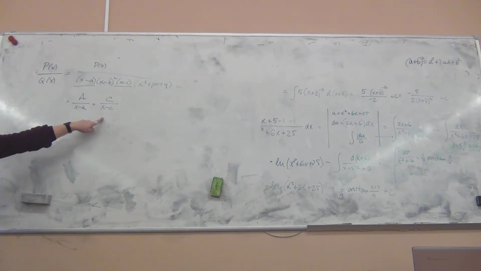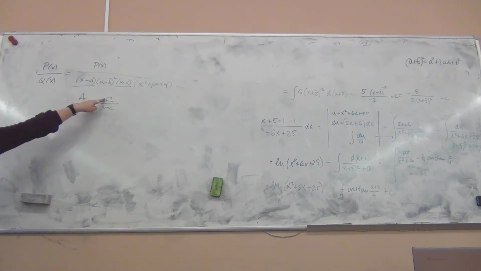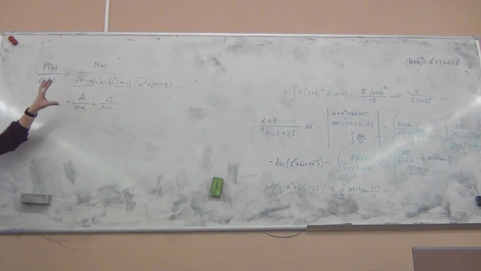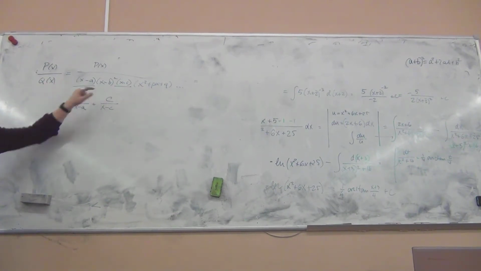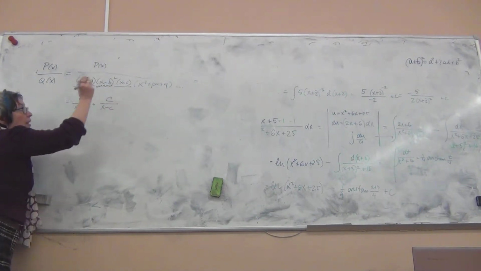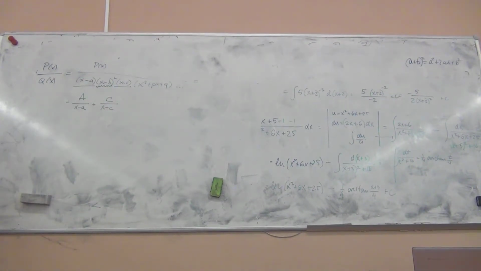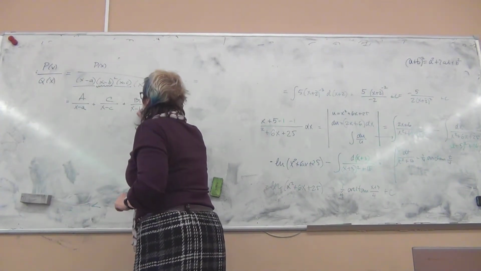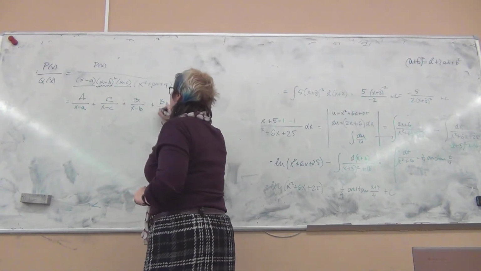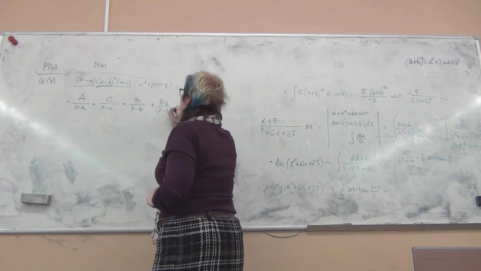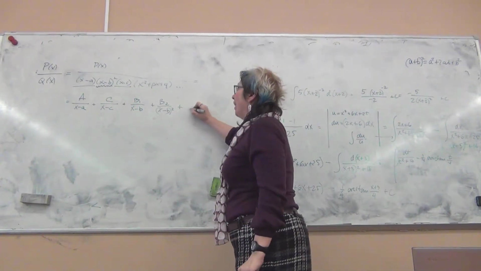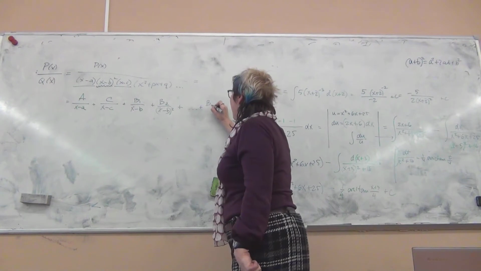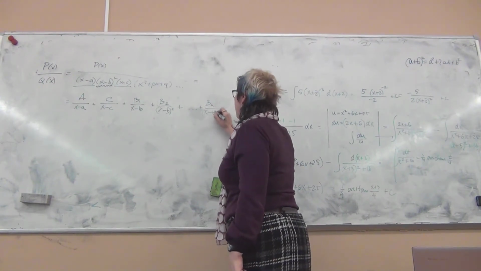The bad part at the moment is we don't know what these numbers are. But we know that there will be such fractions. Now, every multiple linear factor creates, I'm sorry to say, n type 1 and type 2 fractions. In other words, this would become b1 over x minus b plus some other constant b2 over x minus b squared, and so on until we reach bn over x minus b to the power n.